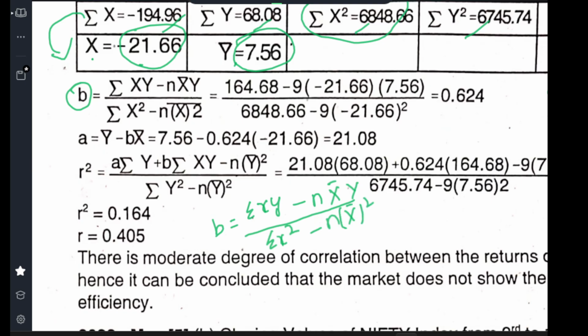Same thing we are doing for a. 0.64 we got. For a, we get Y bar minus b X bar, where b we got.